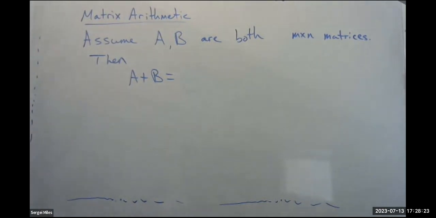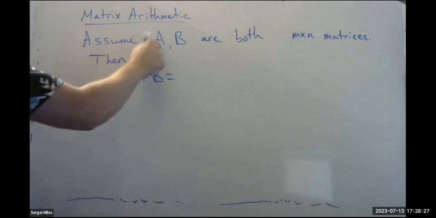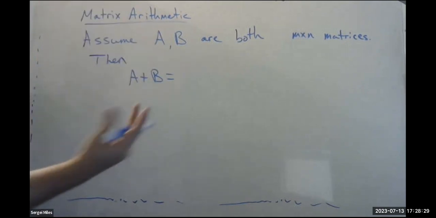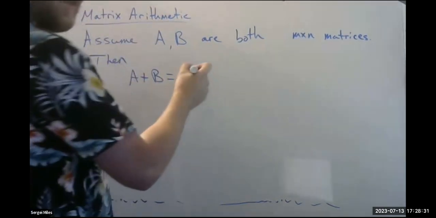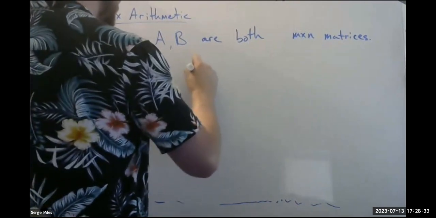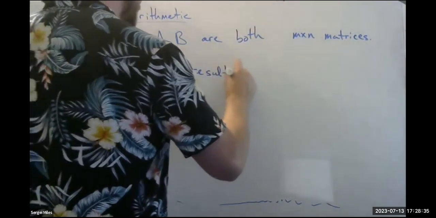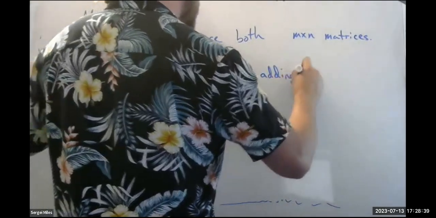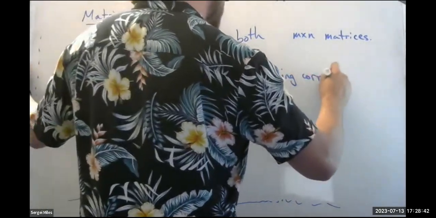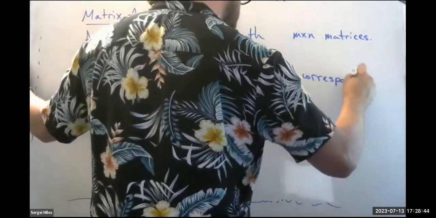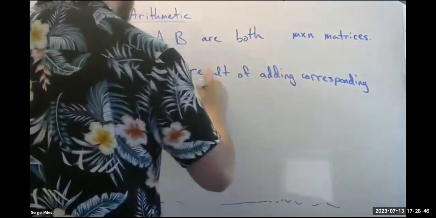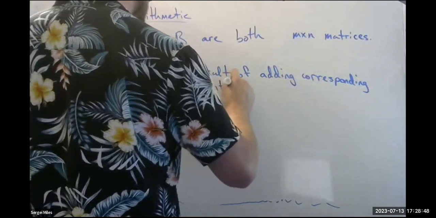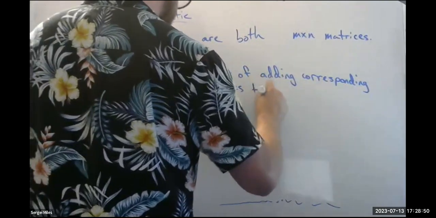Because they have the same size, for each part of the matrix they have a corresponding entry. So how do you add them together? This is just the result of adding corresponding entries together, right?